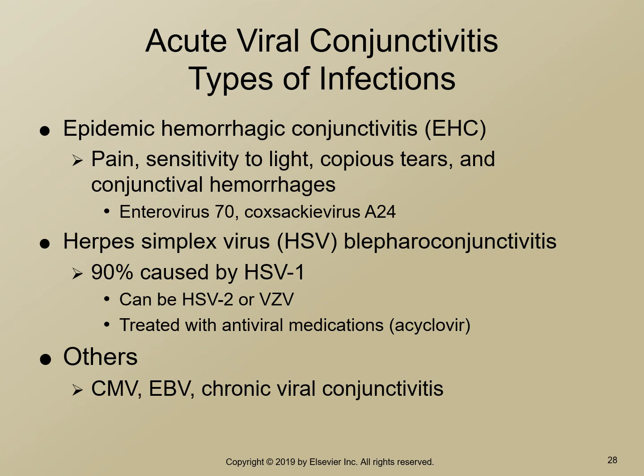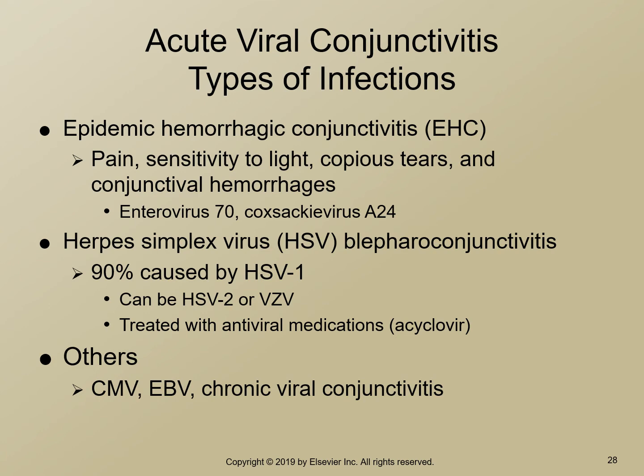Herpes simplex virus causes a blepharoconjunctivitis that's responsible for the most severe ocular viral infections. This disease usually occurs in young children, and it's important to distinguish between the herpes simplex virus and adenovirus causes because HSV can be treated with specific antiviral medications.